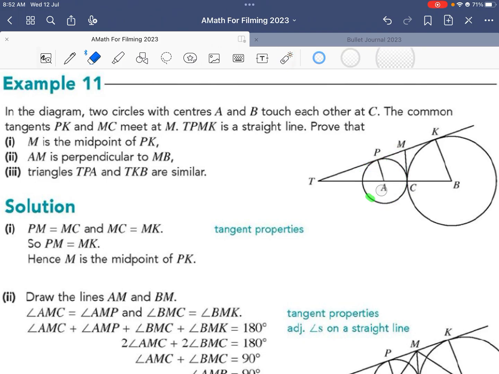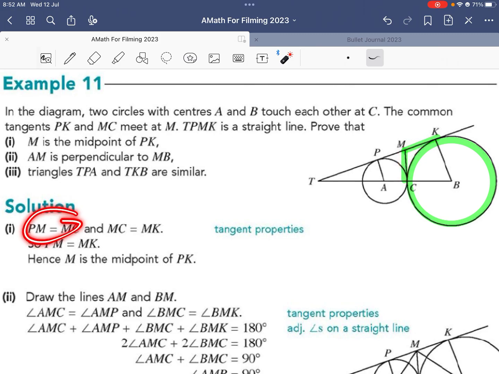Now, if I erase this and look at the big circle, what we have here are the tangents CM and KM. They also meet at the external point M. So this implies that CM and KM are also equal, tangents to an external point.